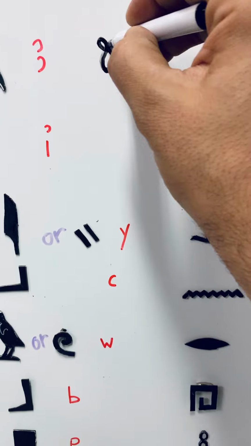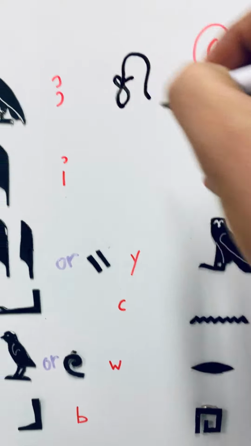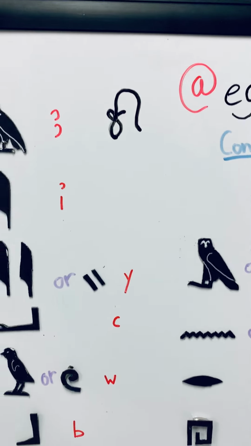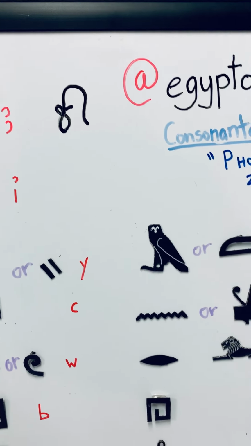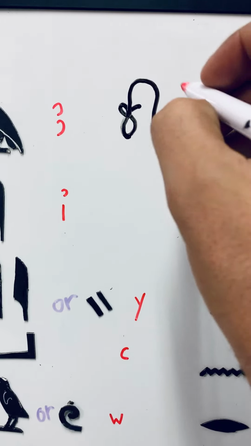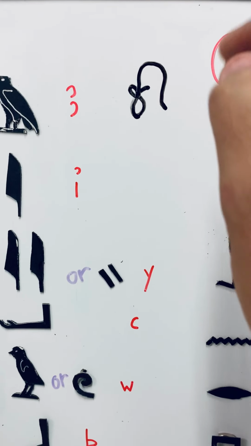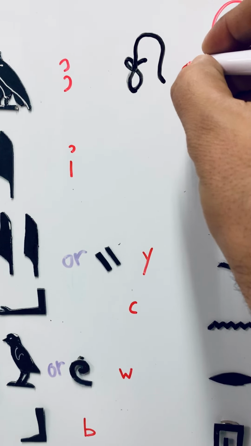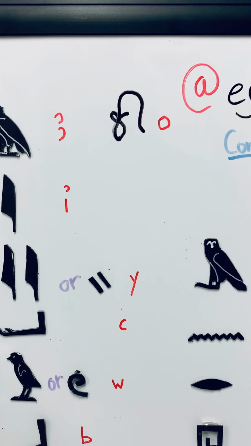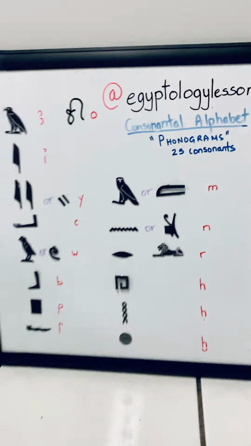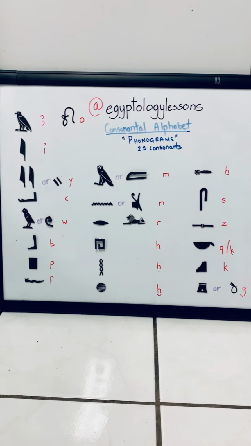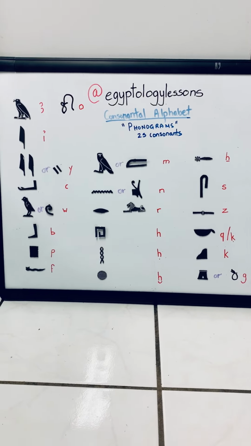A bag and rope. This was the letter O. And Ptolemy and Cleopatra, not Cleopatra more, but more Ptolemy, used this. This would be the letter O. So that's what we would have for that sound. So that's the unilateral signs for hieroglyphics for ancient Egypt.